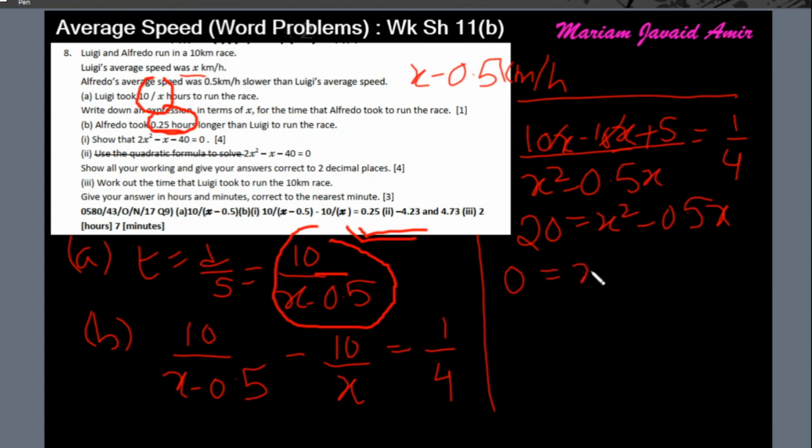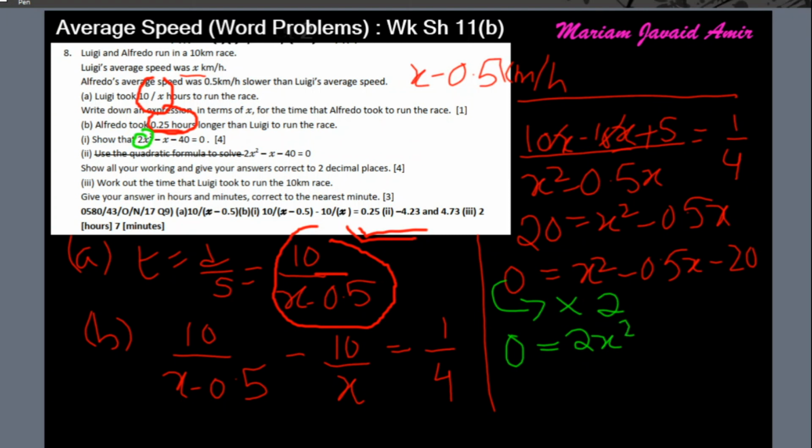Take 20 to the other side: x square minus 0.5x minus 20. Now here the coefficient of x square is 1, so to get the equation in this form, multiply the whole equation by 2 and we get 0 equals 2x square, 2 times minus 0.5 is 1, so minus x, minus 40. So we get this equation. Alright, I guess we can skip the rest in grade 8.